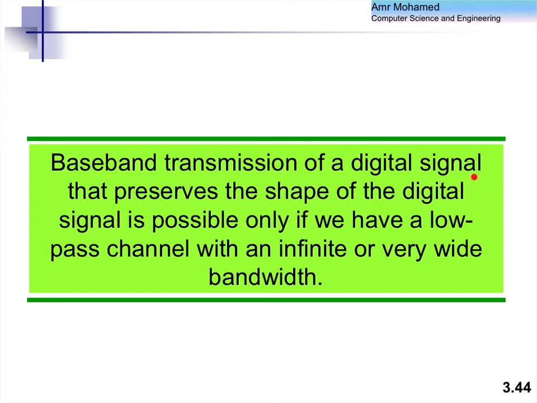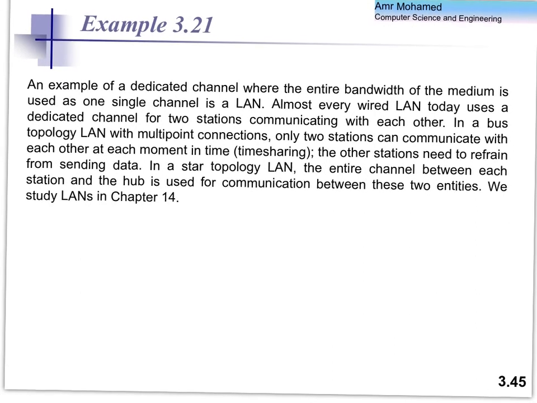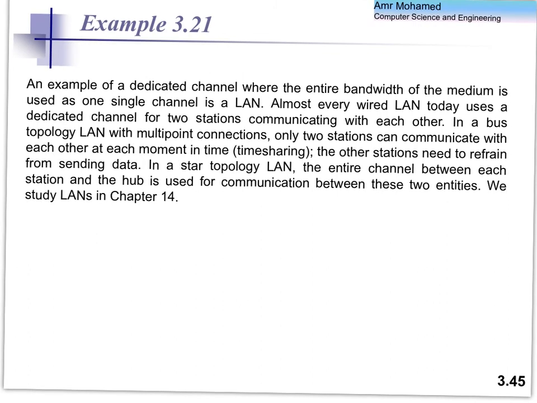So baseband transmission of a digital signal that preserves the shape of the digital signal is impossible, unless we have infinite frequency support by the transmission medium, and that transmission medium does not exist in practice. An example of a dedicated channel where the entire bandwidth is used at one point of time is all the LAN standards that we have studied in Network 1.